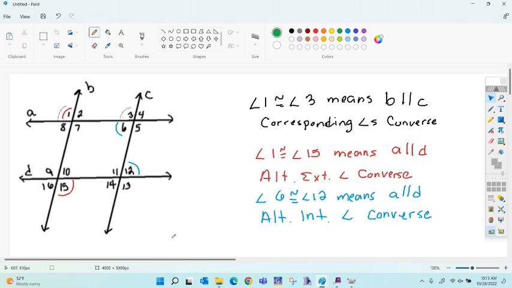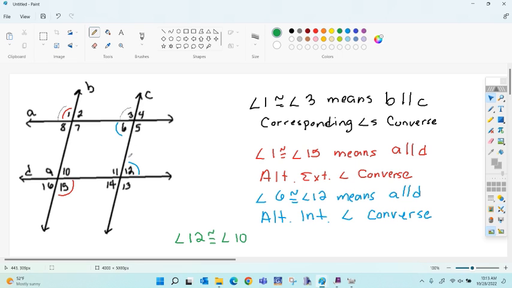What was the other two, Jasmine? The last set. Angle 12 is congruent to angle 10. So I want to identify them so we see them.